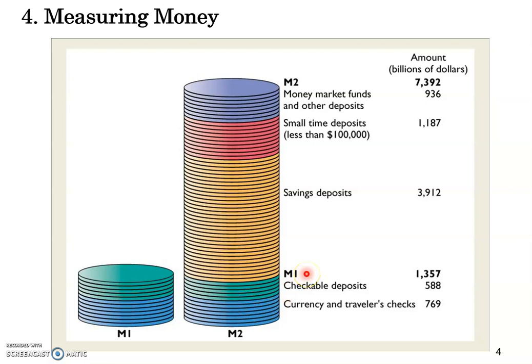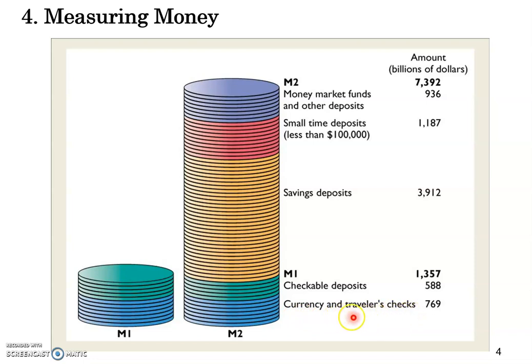All right. So here, as you can see, these numbers are for the U.S. economy. In other words, they're not hypothetical numbers. Now, one interesting thing I would like you guys to think about is, here you find in M1 and M2, both cover currency and traveler's checks.